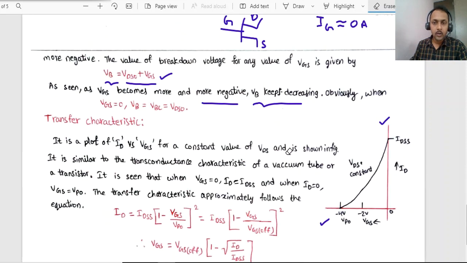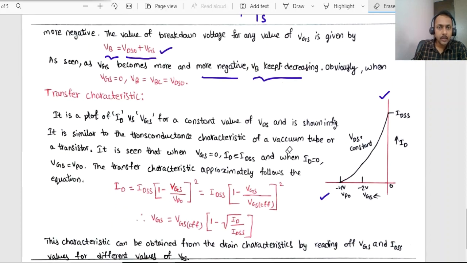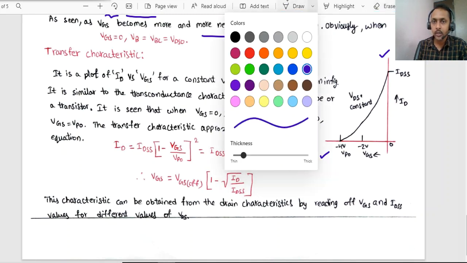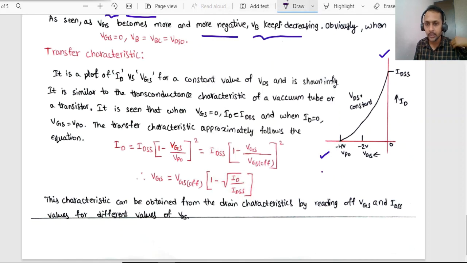Now the last characteristics, dear students, is the transfer characteristics, as we have discussed earlier. Again I repeat, it's very important to remember what is the x-axis variable and what is the y-axis variable.